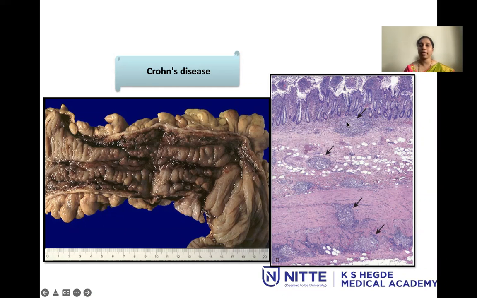And on microscopy, you can see transmural inflammation. Muscularis propria is also having inflammatory infiltrate, and you can see non-caseating or non-necrotizing sarcoid-like granuloma.